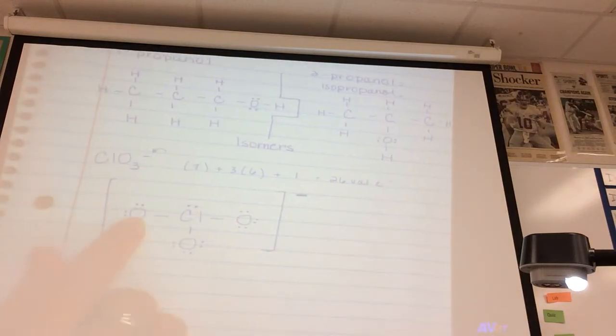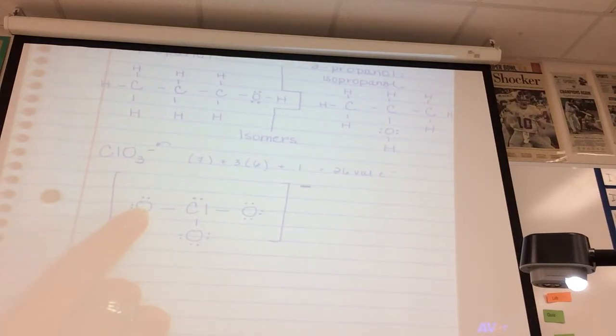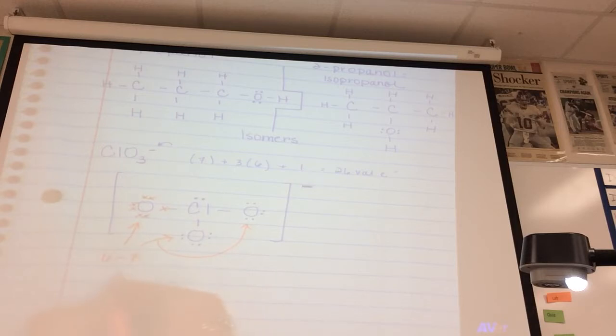Let's look at the chlorate ion that we drew. These two oxygens, a free element would have how many valence electrons? 6 minus 6. No, now watch. 1, 2, 3, 4, 5, 6, 7. So the formal charge on each of these O's is -1. Why isn't it 8? Because it only shares 1 electron in each bond. That electron comes from the chlorine.